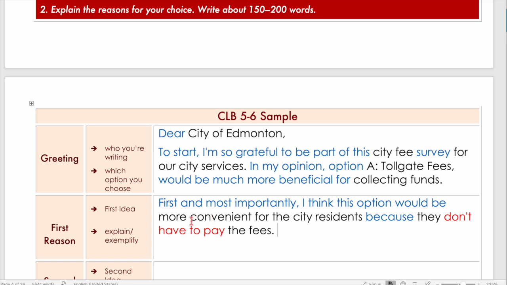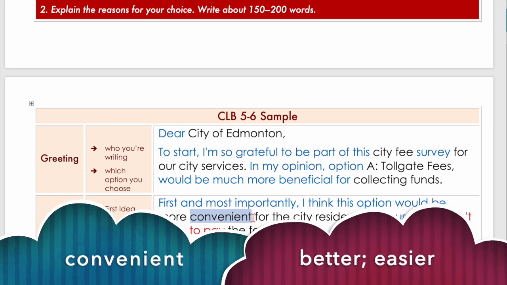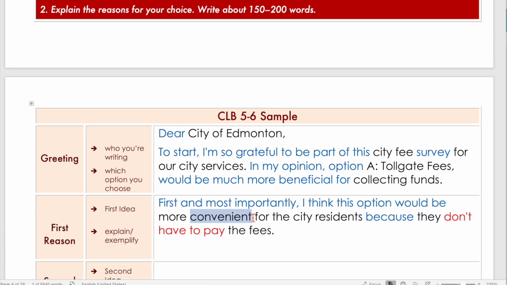Okay, convenient, better way, easier way, just means better, better to do. So we're saying it's convenient for the city residents. Why is it convenient? Because we don't have to pay the fees. Very good. We don't have to pay, so it's better.